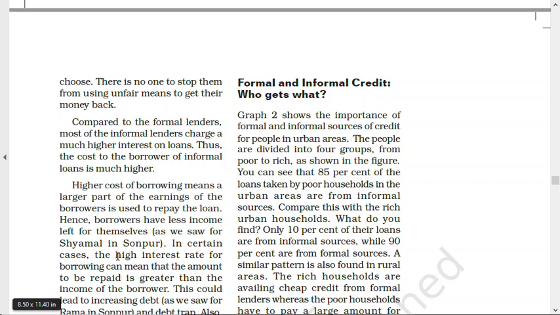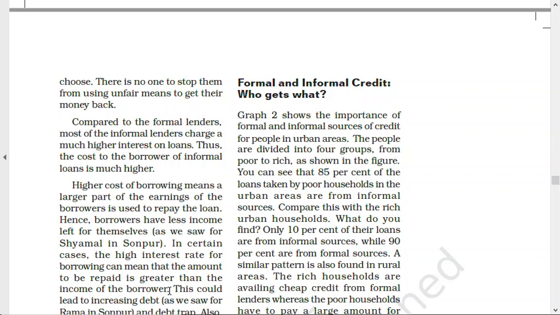In certain cases, the high interest rate for borrowing can mean that the amount to be repaid is greater than the income of the borrower. Right? Just consider 5% per month. That means 60% annual. So if it is 60% annual, if I just earn $100, $60 goes for interest only. Forget about the principal amount. Still that principal is there, right?